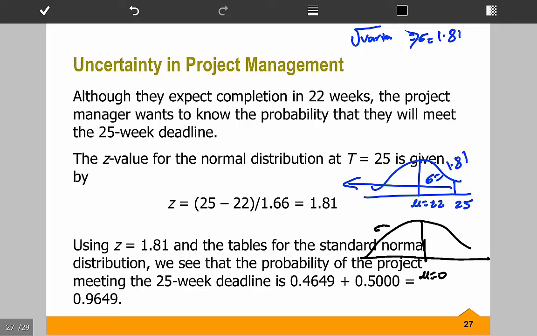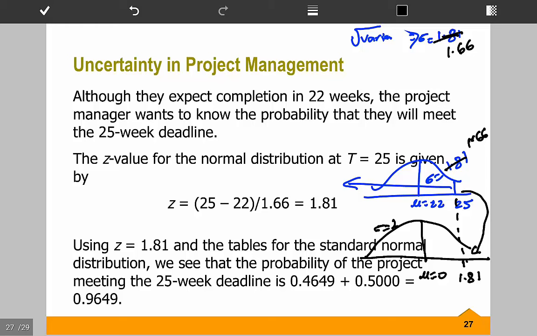So to find the equivalent, it comes out to be 1.81, and you find what percentage of the values are left of 1.81. Remember the formula for Z is x minus mu divided by standard deviation. The x you are concerned about is 25.